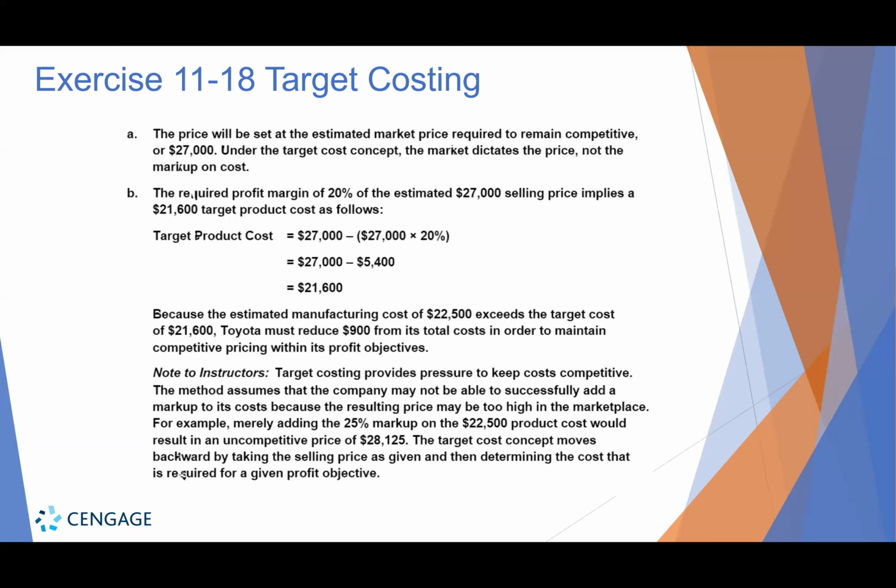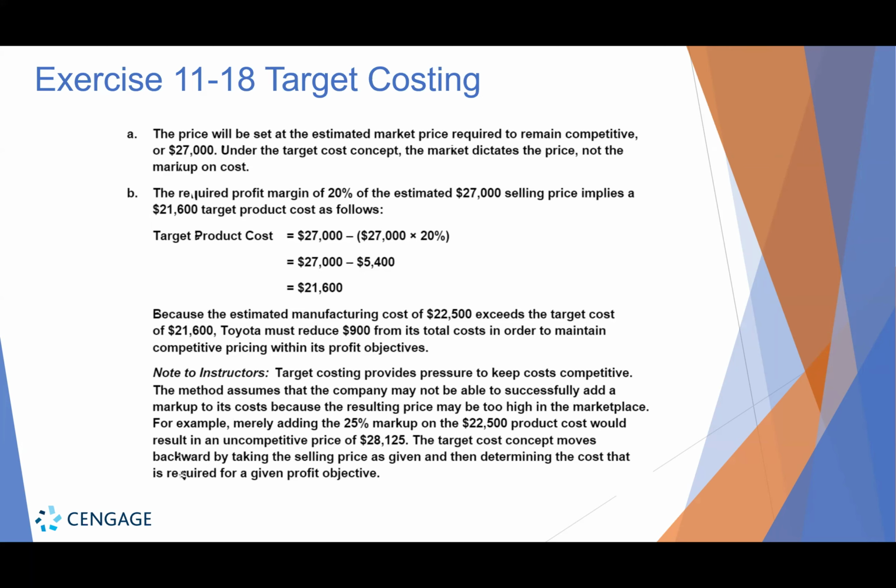Well, the price will be set at the estimated market price. That's going to make us stay competitive. Under the target cost concept, we don't dictate the price, the market's going to dictate the price. The required profit of 20% implies a 21,600 target product cost.